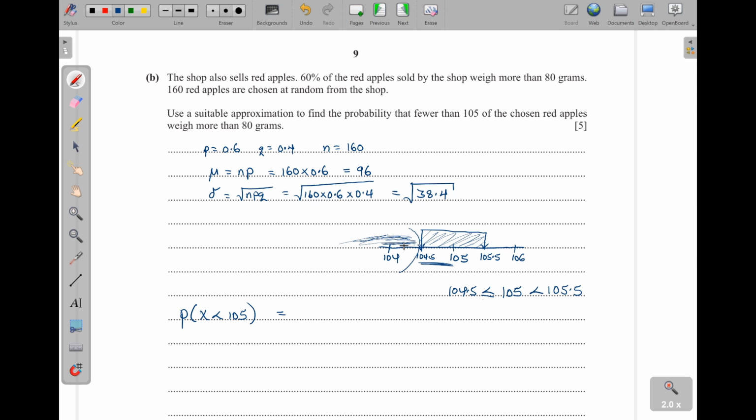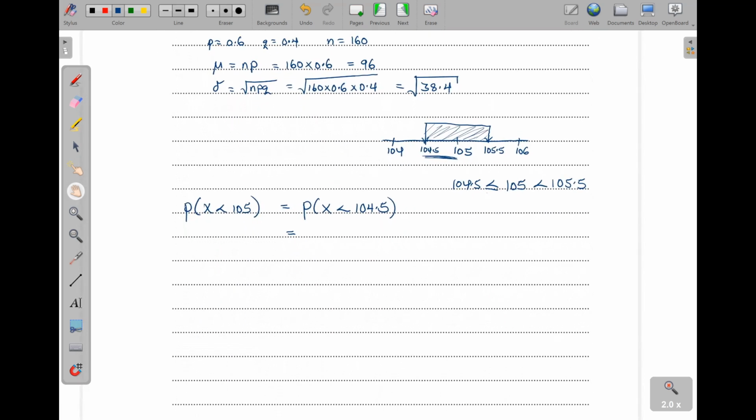They will give you a figure which is less than 105. It starts to be 105 from here, the 104.5. So that means this one will now approximate to 104.5. All figures that are less than this one will give us rounded figures as less than 105. Okay, and then we can standardize here.